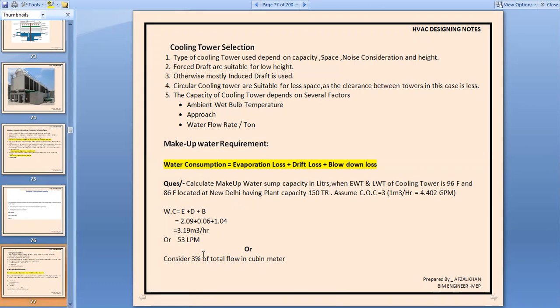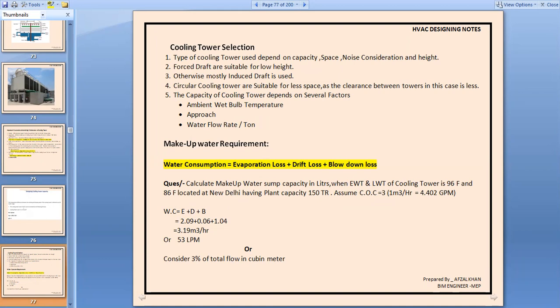Anyone having doubt? I'll repeat this one, no problem. This is a simple calculation, you only have to input the values. Yes, please repeat it once. Okay, so this evaporation loss you understood. This is the formula: circulation rate, entering minus leaving.